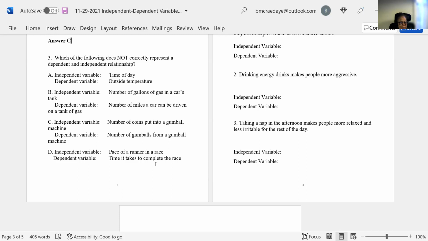What is that dependent upon? If you're getting a number of gumballs from a gumball machine, what affects the number of gumballs you get from the machine?